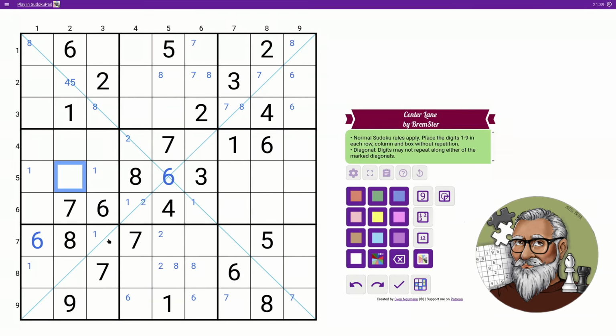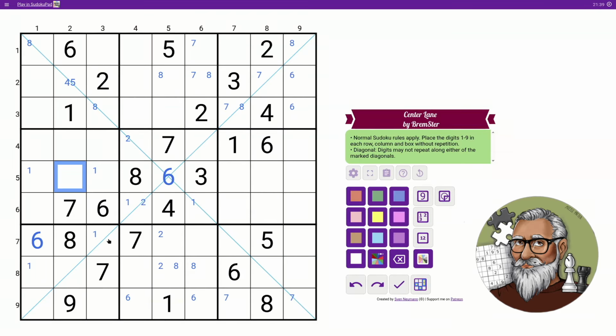Oh, this isn't 1. Oh, hold on. Is that true? Is that correct? Let's go through that again. Where is 1 on the positive diagonal? Well, those couldn't be 1, right? This one can, this one can. This obviously isn't 1. This one can't be 1, so it's one of those, right?